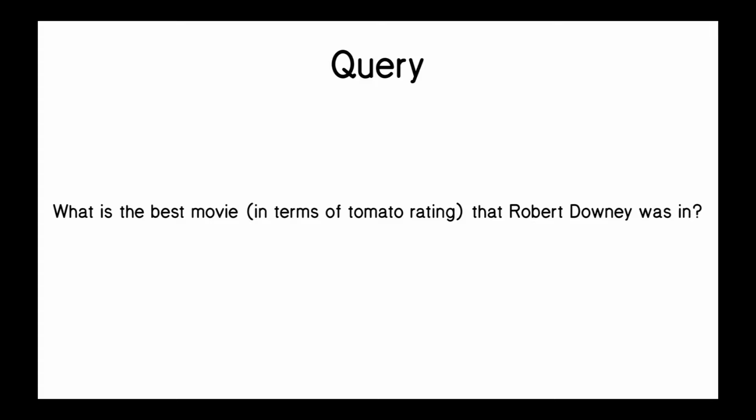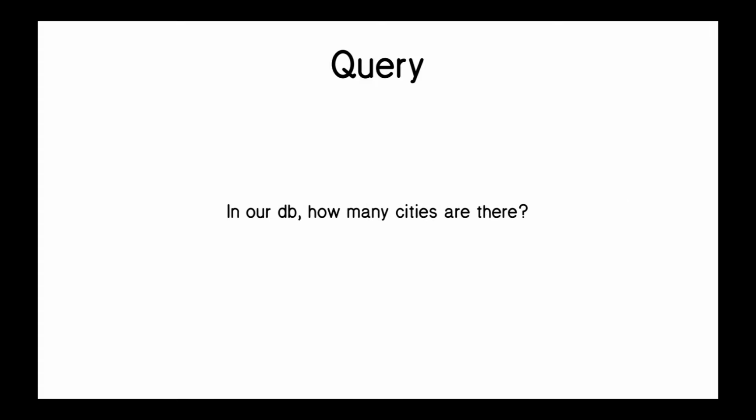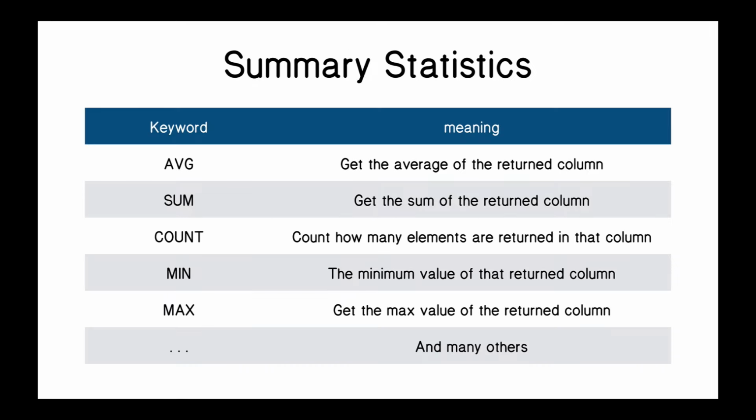Let's say we want to know what the best movie in terms of tomato rating that Robert Downey was in. And let me just back up here. So which one of these keywords do you think will give us that answer, the best movie in terms of T rating that Robert Downey was in? So let's give it a shot and see if you're correct.